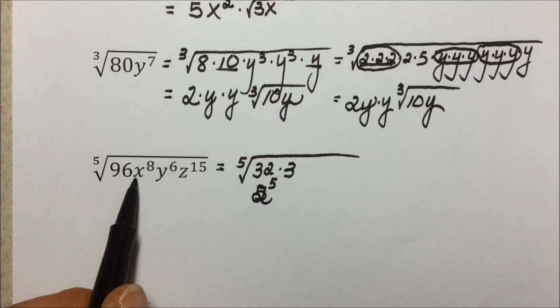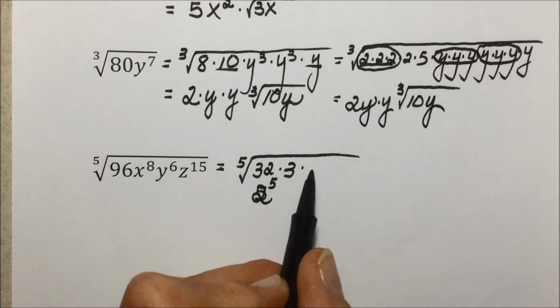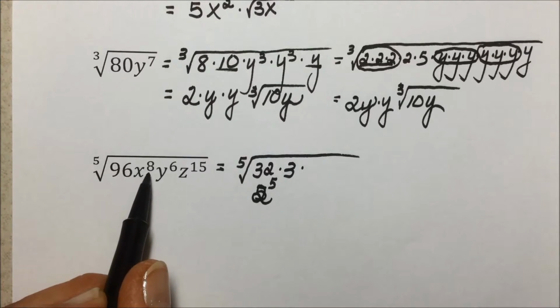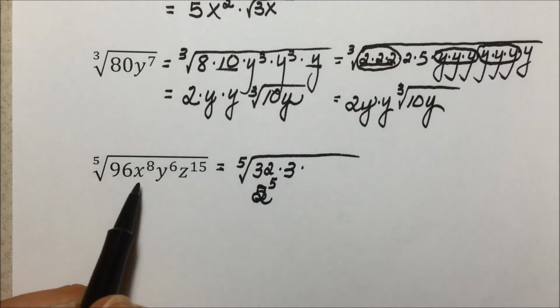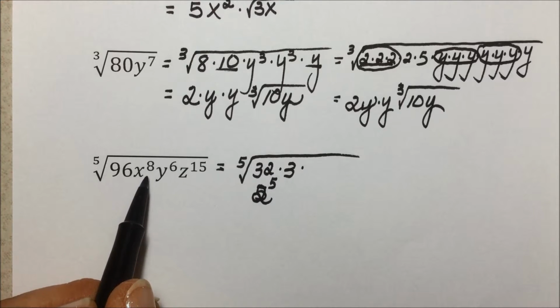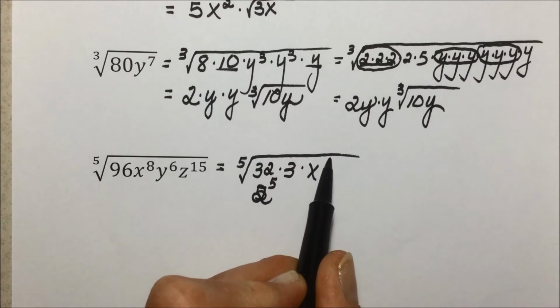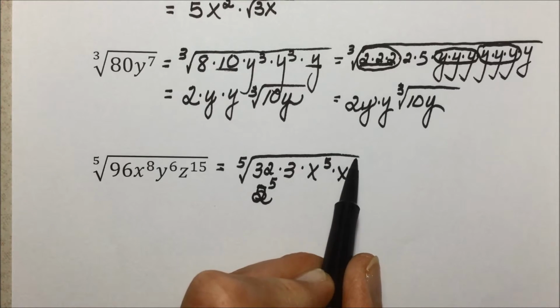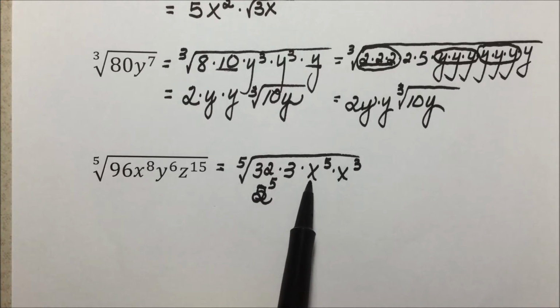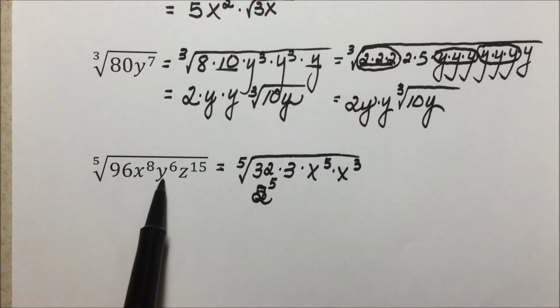Same thing we did with the last problem, we can do with our variables here. X to the 8th power is x to the 5th times x to the 3rd, if I break it into a perfect 5th root.